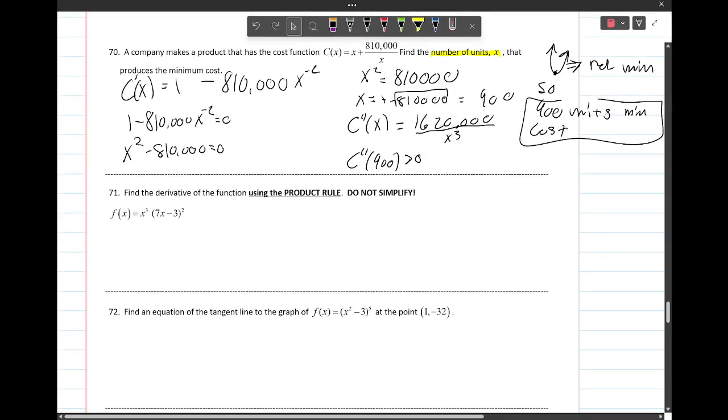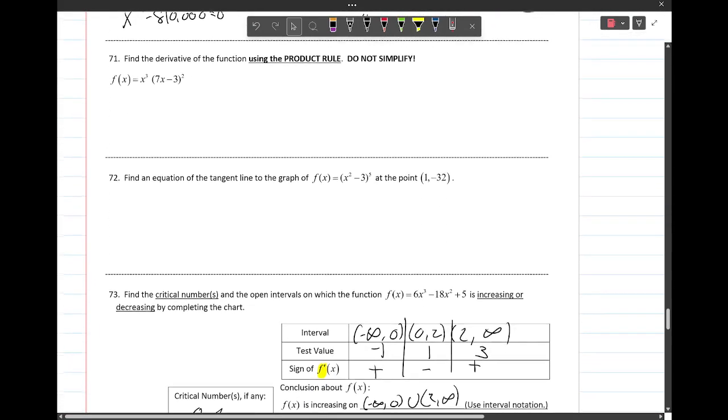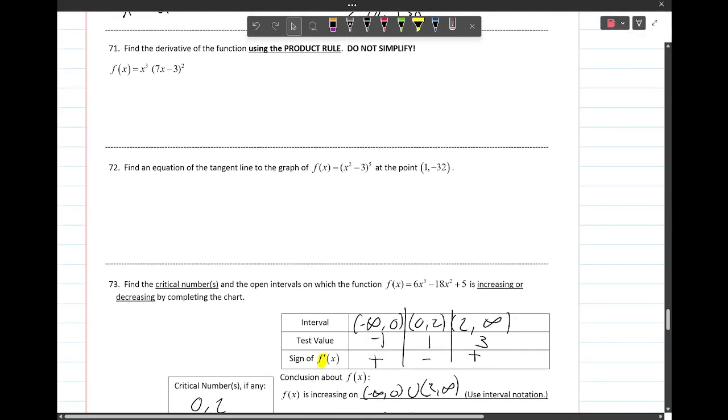Okay. Let me see if there's something else that I want to actually give commentary on. Maybe I'll do this one, even though it's kind of standard, just because the tangent line is a good problem to know how to do. Okay, so taking the derivative, nothing magic here, just know how to use the chain rule.